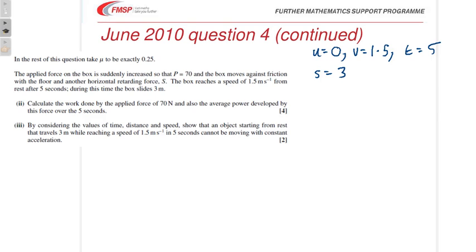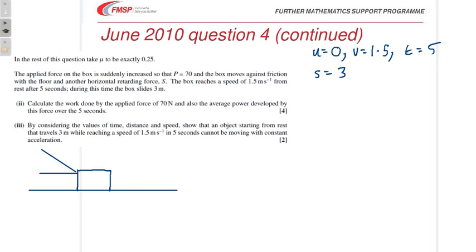Let's go through this stage by stage. For the first part, the work done by the applied force of 70 newtons. Well, that's straightforward. The work done, just to remind you of how it looks here. The force of 70 is at an angle of 35 degrees.